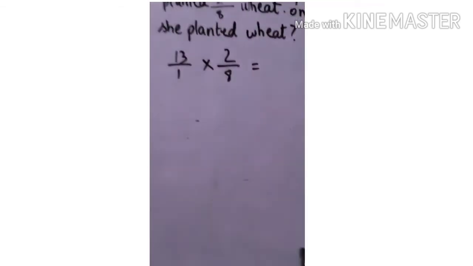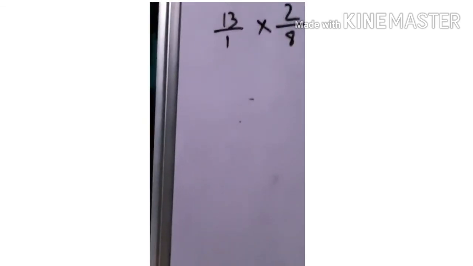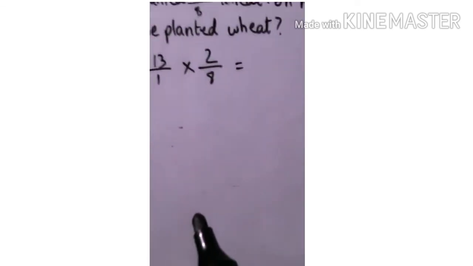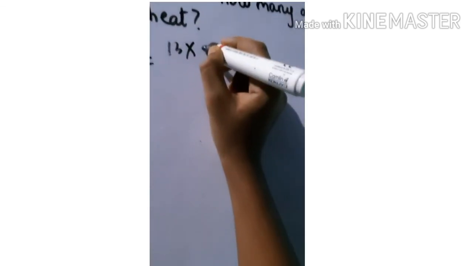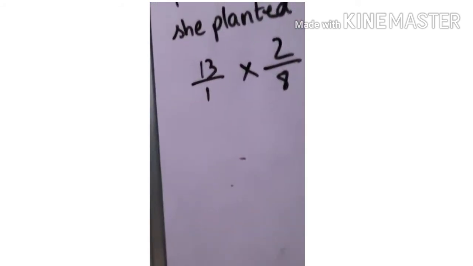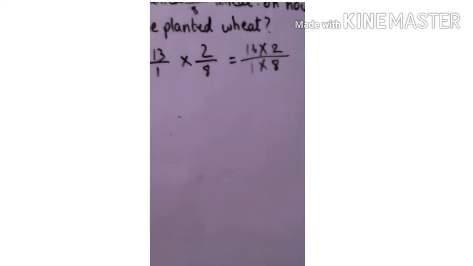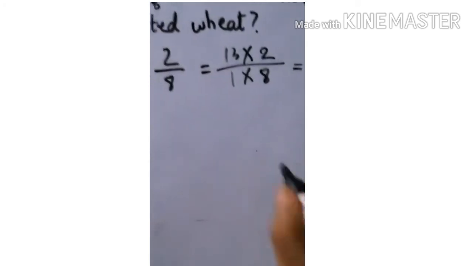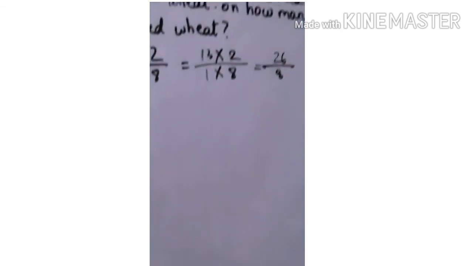So first of all, I have written how many acres, and if there is no denominator, we have to write 1 over there, multiplied by this. Which equals 13 multiplied by 2 upon 8.